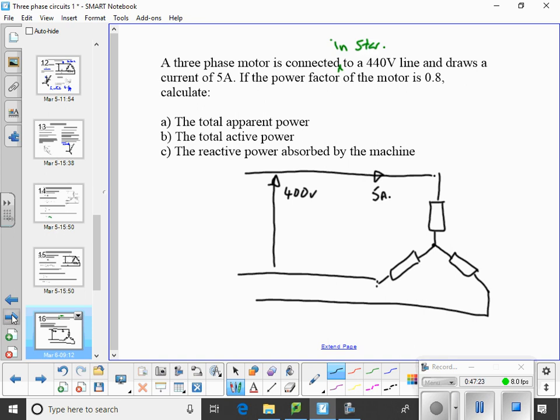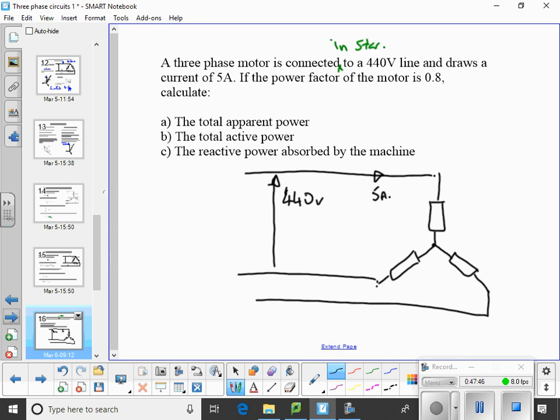Calculate the total apparent power, the total active power, and the reactive power absorbed by the machine.